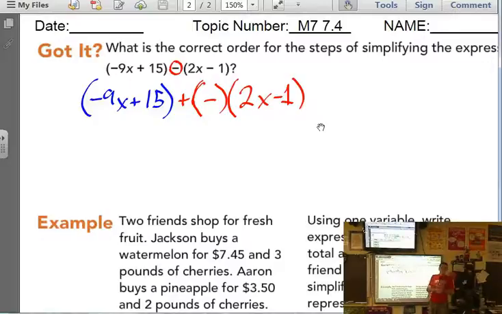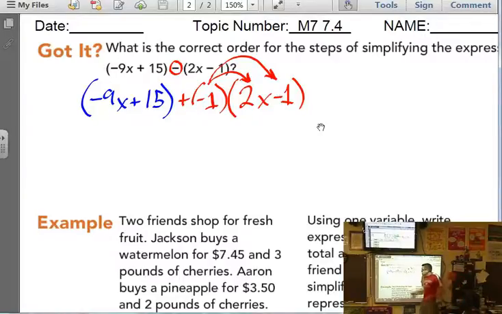So if we're going to change it to addition, it has to be addition of something, and we can't get rid of the minus. So instead, it turns into negative 1, which will make these values, when we distribute, do what the original minus would have done. But we just want to get familiar with rewriting and why we can do that.